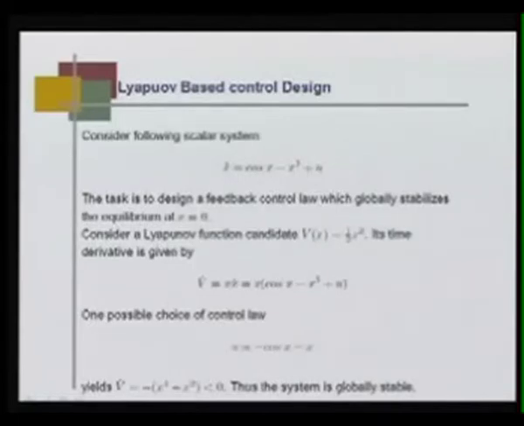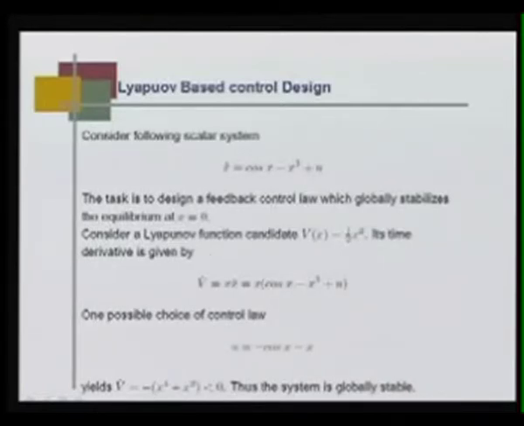You see that this is our simple scalar differential equation: x dot is cos x minus x cube plus u. U is the control action and x is the state of the system. The task is to design a feedback control law which globally stabilizes the equilibrium at x equal to 0.